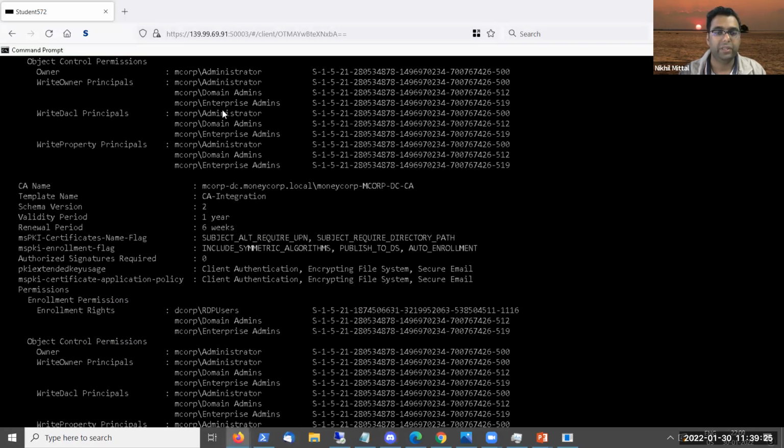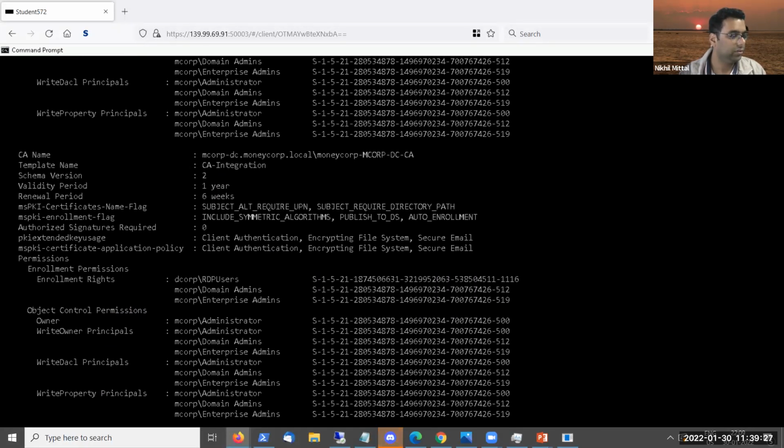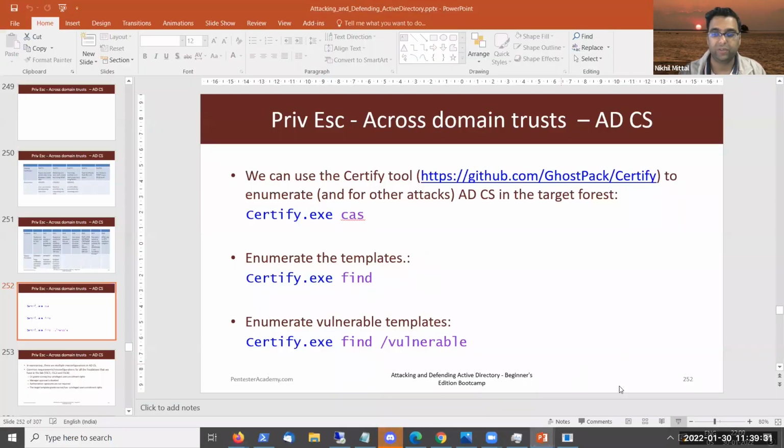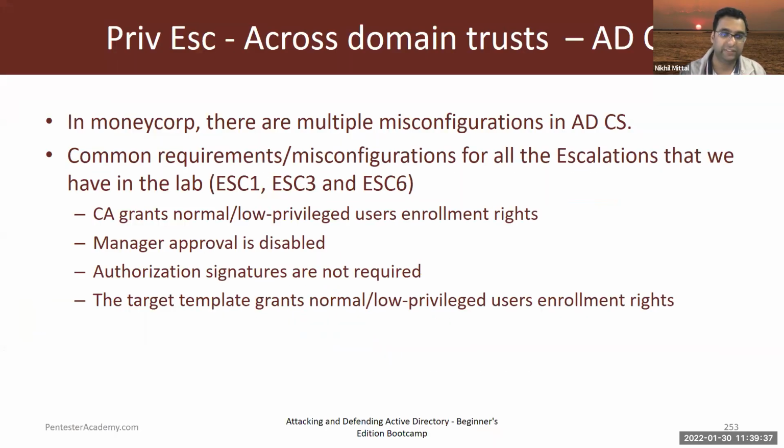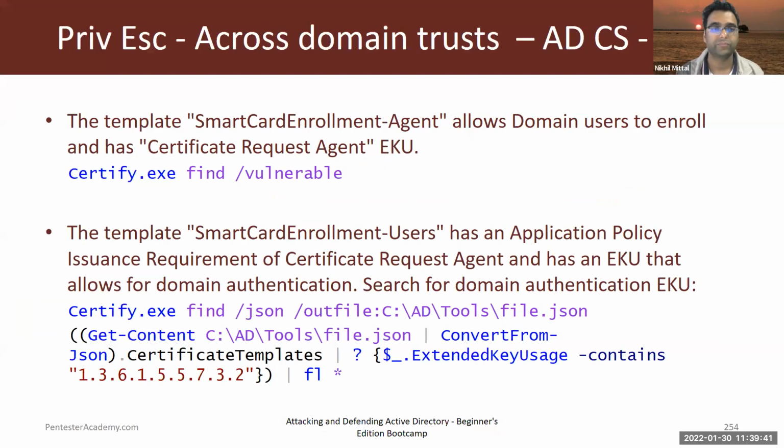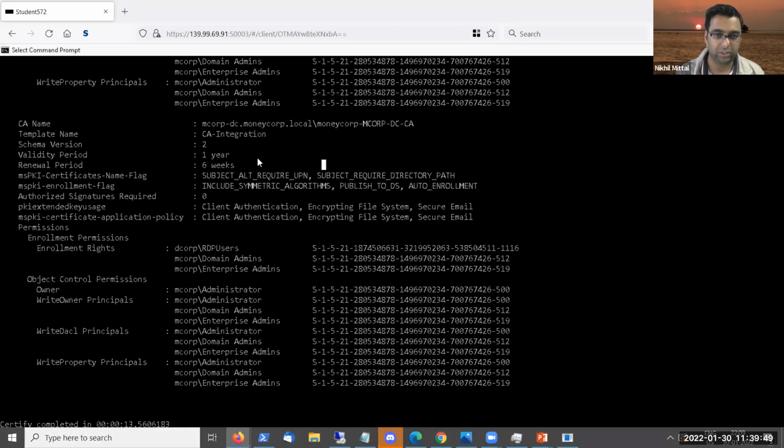So for example, here, our first example, we can take a look at that. When we run /find, let's run find /vulnerable as well. Sorry, I forgot to do that. So find lists all the templates.